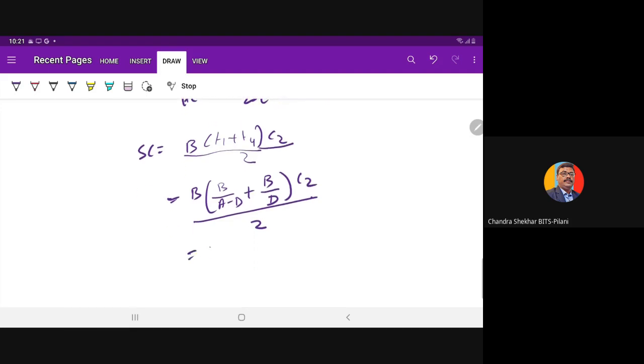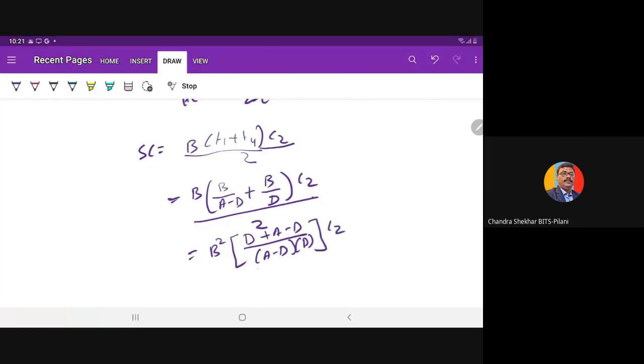So here you can take B common, and inside we have A minus D into D plus A minus D into C2 upon 2. So here D and D cancel out.